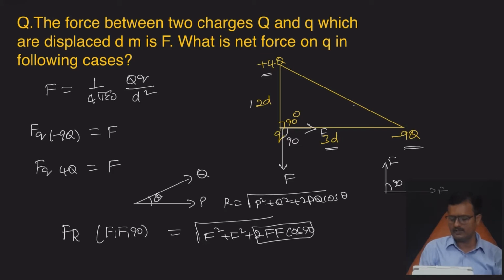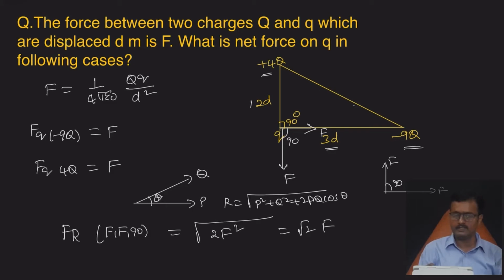So this term becomes 0. F square plus F square is 2F square, which is equal to root 2 times F square, and root of F square is F. So what is the answer? That is root 2 F.